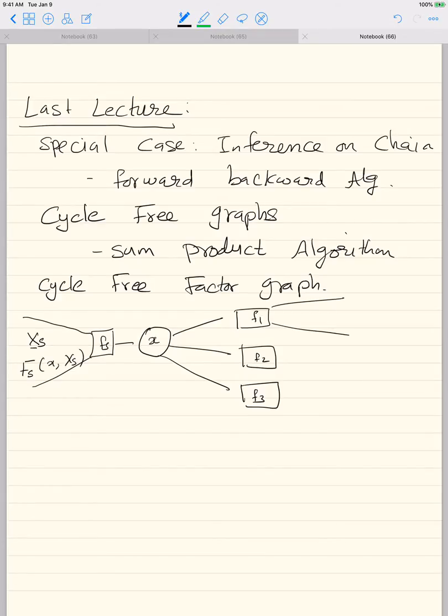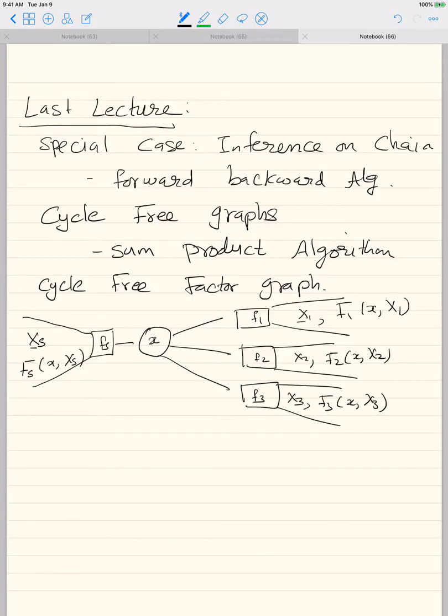Similarly, f1 will be a root of another subtree with x1 as the descendant variable nodes, and f1 of x and x1 will be the product of all the factors in the tree originating at f1. Likewise, x2 and f2 of x, x2, x3 and f3 of x, x3, and so on.